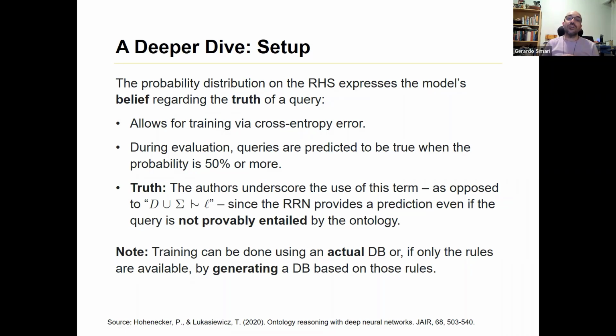So, as we'll see with some extra experiments that the authors do to see how robust to noise the model is, sometimes the neural network will be able to provide a thumbs up for a specific query that the ontology wouldn't be able to, for instance in the situation of noisy data.